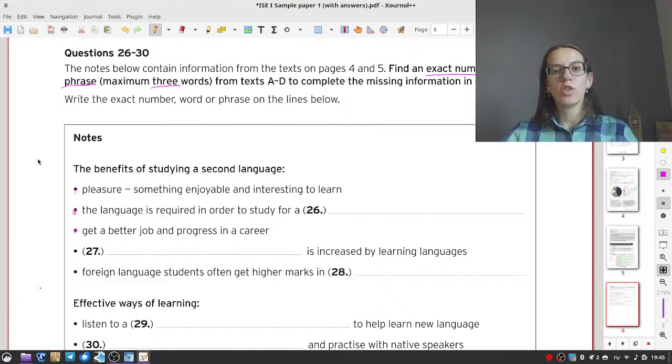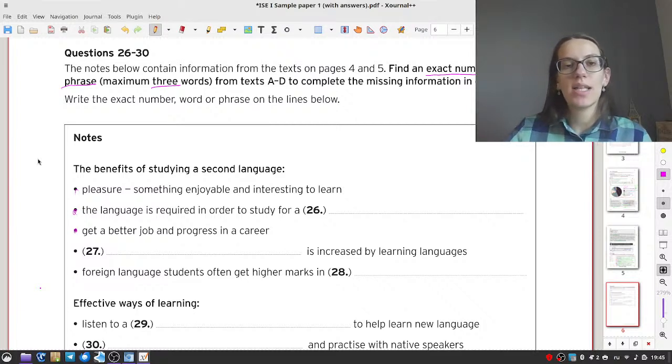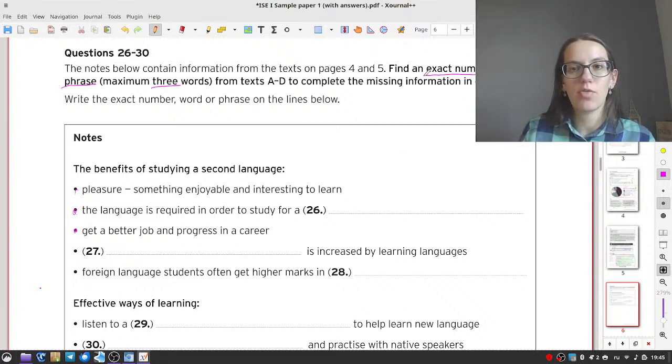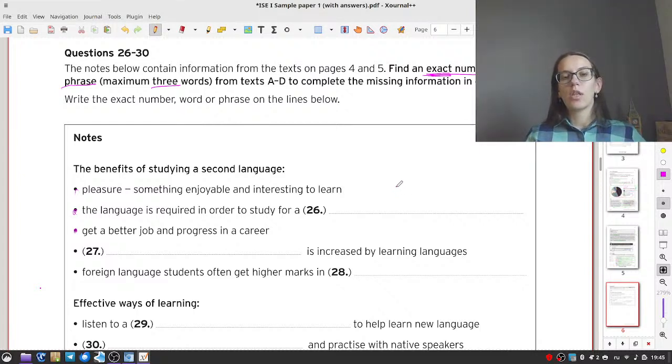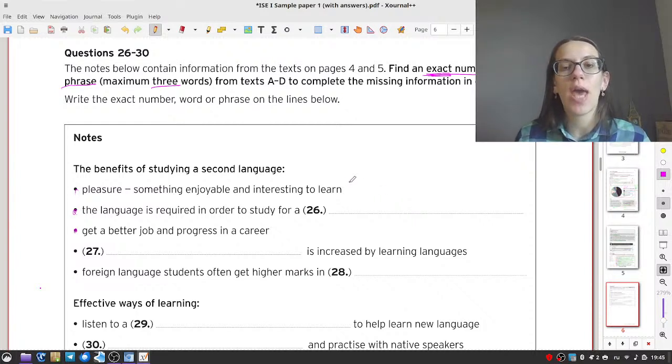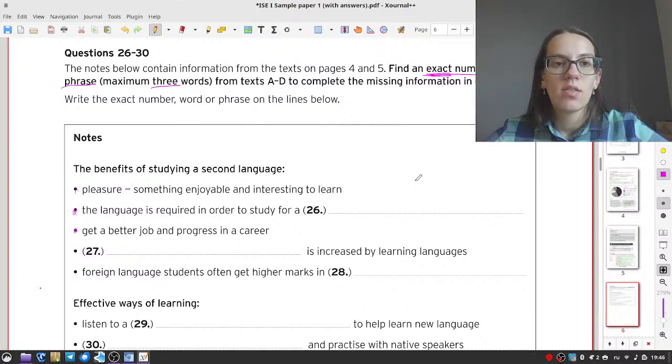But what you need to do is find an exact number, word, or phrase. So you have to take it from one of the texts. You can't just make some word. You have to find a word from the text that you can use here. Or maybe a phrase or a number. Yeah, but it has to be from the text and you cannot change it. You can't change its form, for example.